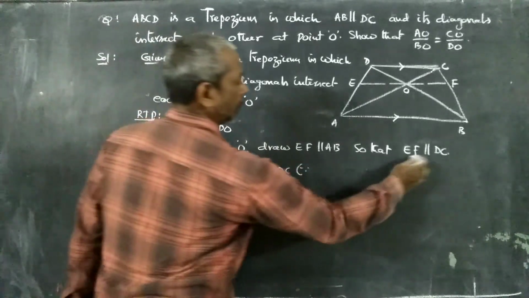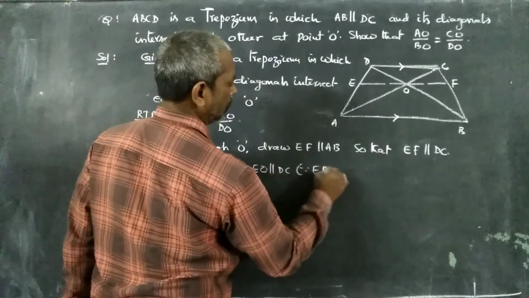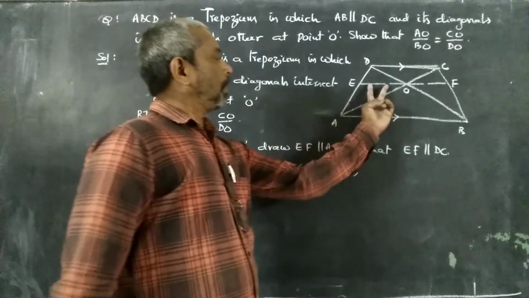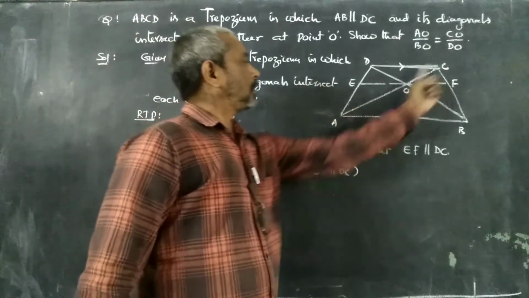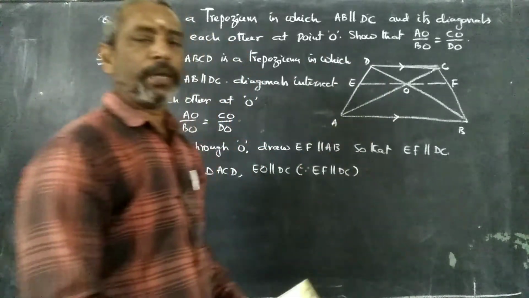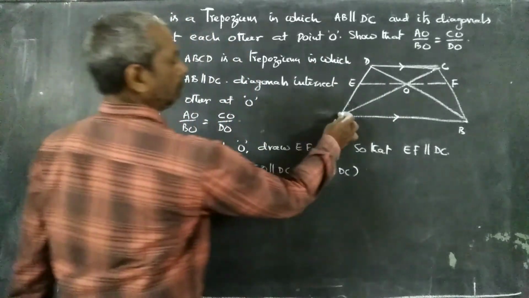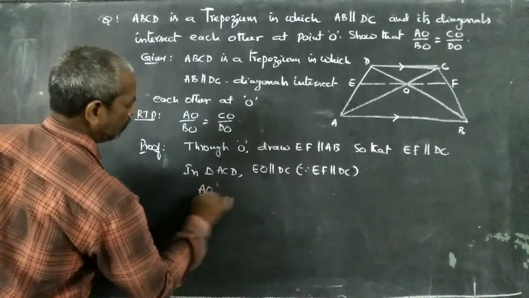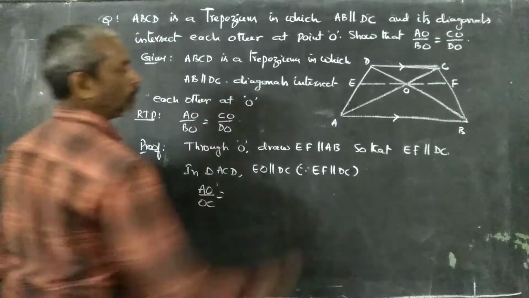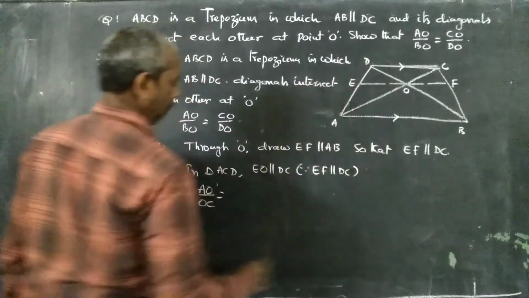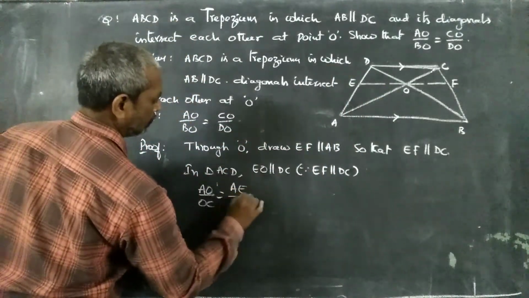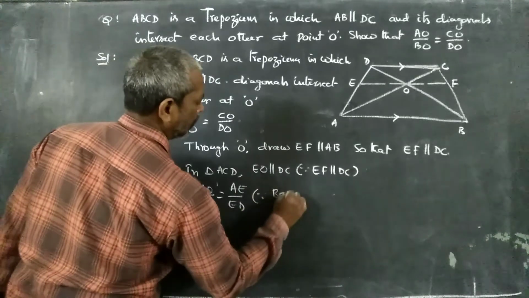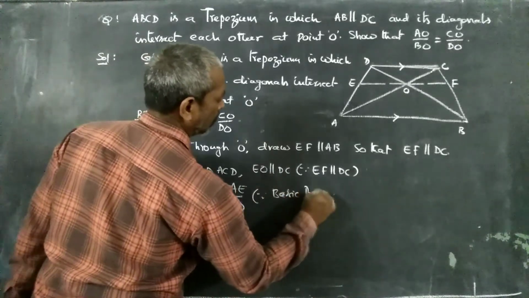Since EF is parallel to DC, therefore EO divides AC and AD in the same ratio, that is AO by OC is equal to AE by ED, since basic proportionality theorem.